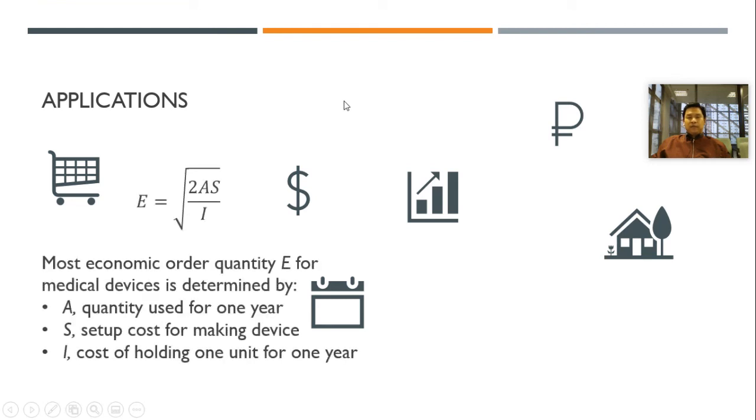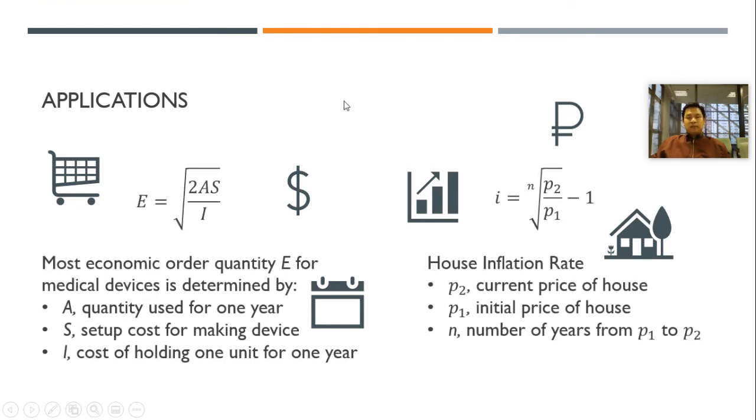And then in finance and business, you'll have a lot of radical functions. This one estimates the quantity to be ordered, that quantity is referred to as the most economic order. That depends on these parameters. You have A, quantity used for 1 year, S is the setup cost, I for holding 1 unit for 1 year.